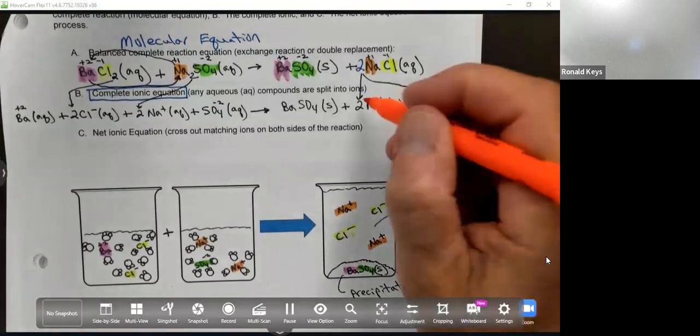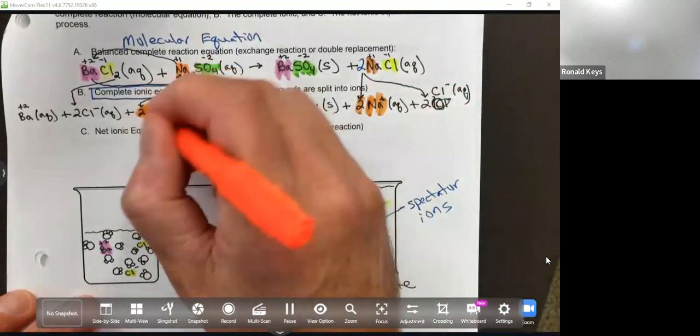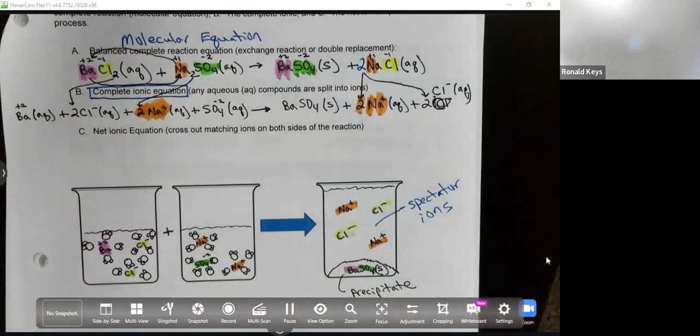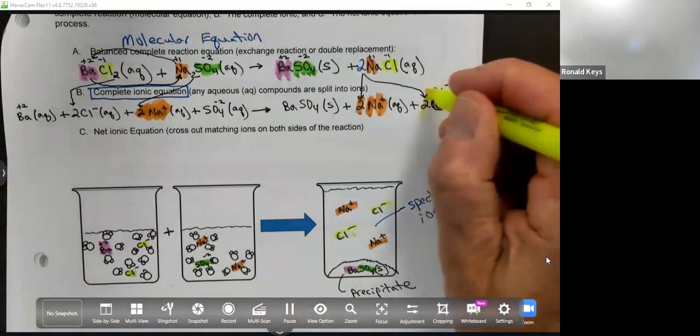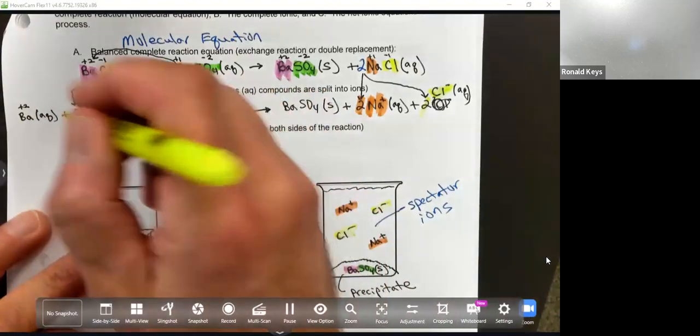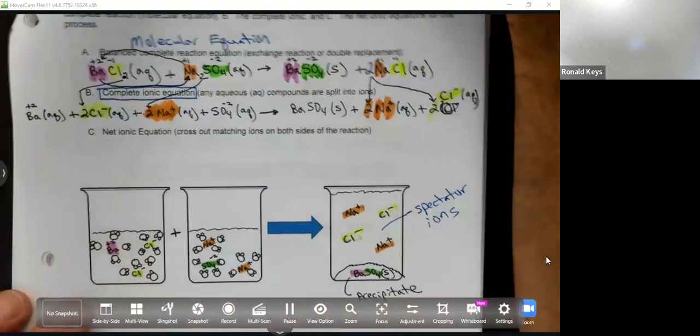Then we can highlight our spectator ions. What's the same on both sides? There's our spectator ions.